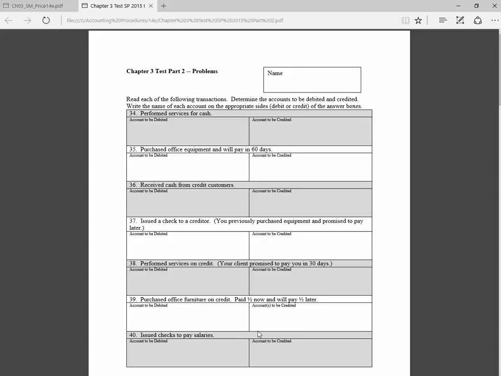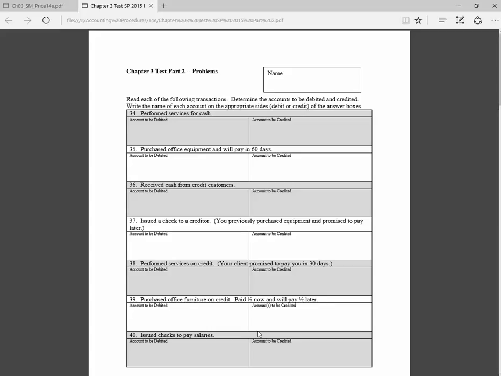Okay, now I think you're caught up with what I talked about today in class. I did start talking though about chapter 4, and we looked into chapter 4 too. The chapter 4 test amazingly is a lot similar to this chapter 3 test, aside from the individual transactions.